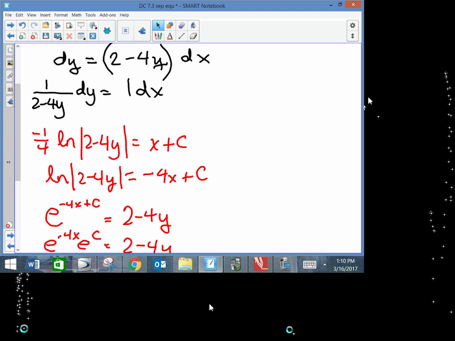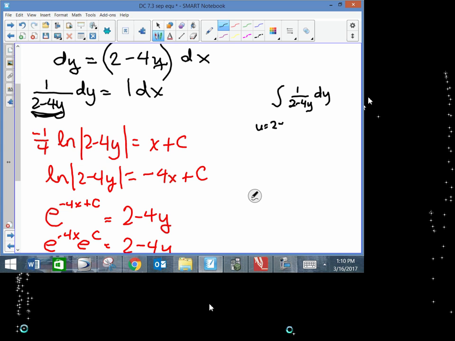I got negative 4 right here. U equals 2 minus 4y. So what's du? dy. Okay, so then you're going to replace that. And that's where that comes from, negative 1/4, 1 over u.